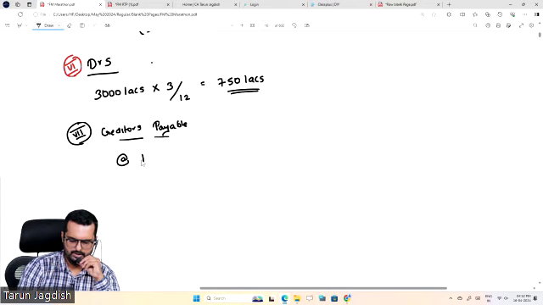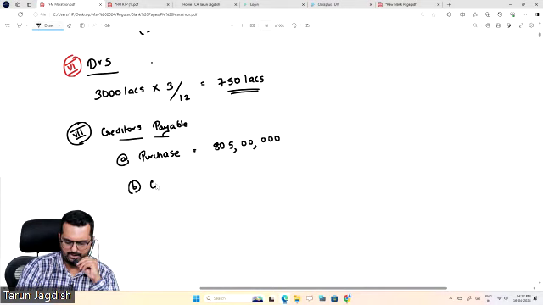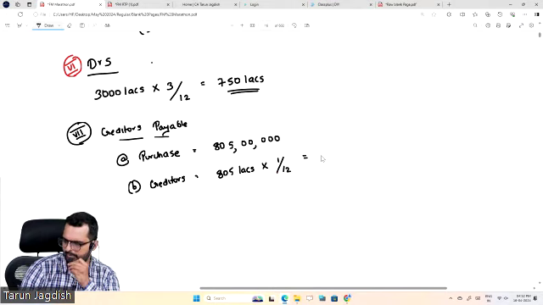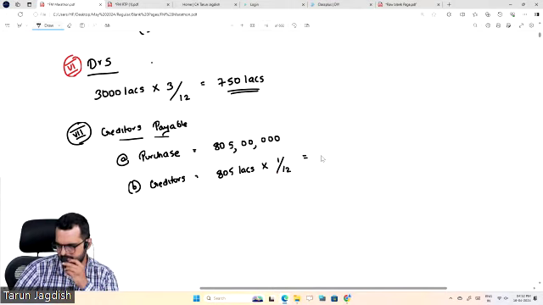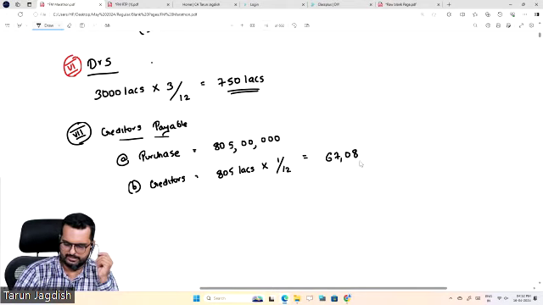Here, how much is the purchase value that we found out over here, friends? Did we get the value as 805 lakhs? And creditors are going to be 1 month. So what will be the formula for that? 805 lakhs into 1 divided by 12. So tell me what is the answer you get over here? Is it 67 lakh 8,333?